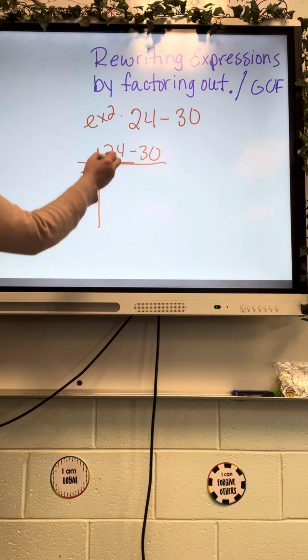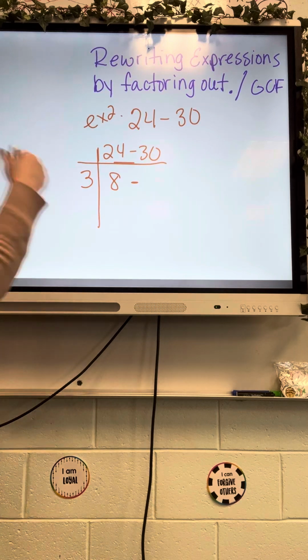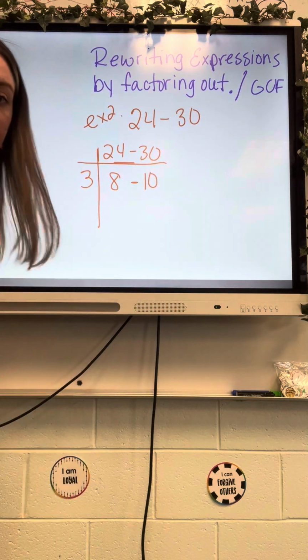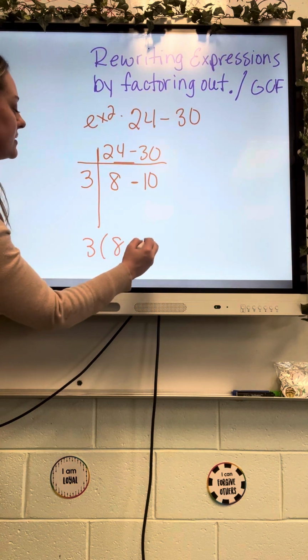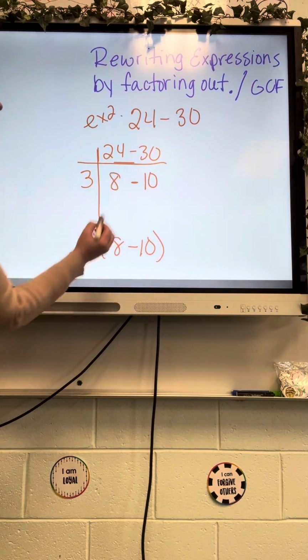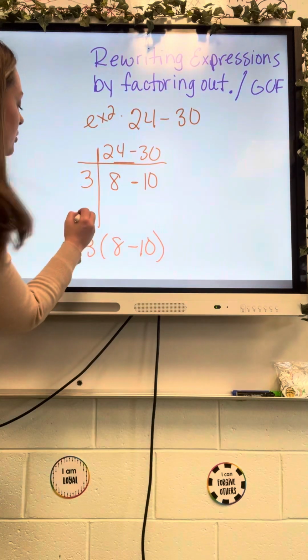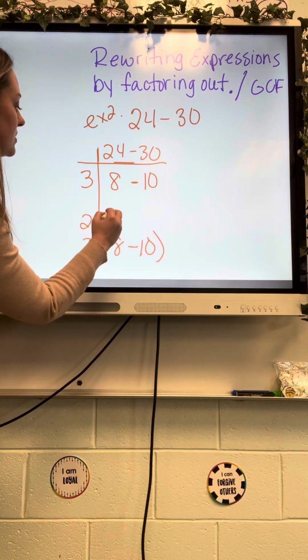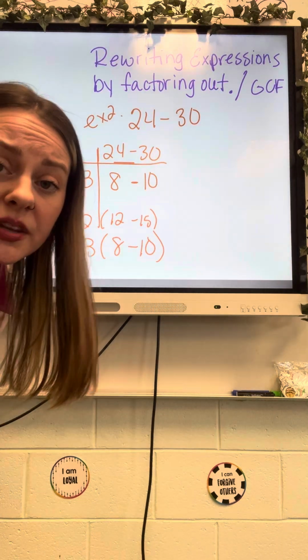And 3 times what is 24? 8. Okay? And 3 times what is 30? 10. And so we would just bring it down. 3 times the difference of 8 and 10. 3 times 8, 24. 3 times 10, 30. So these are your 2 options, 12 minus 15 or 8 minus 10. There are 2 options on that one.